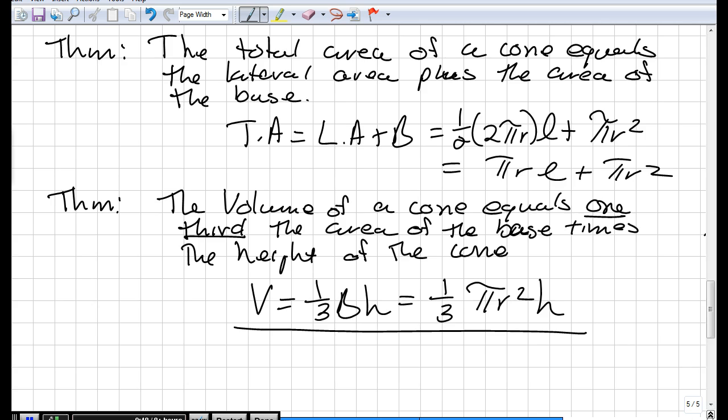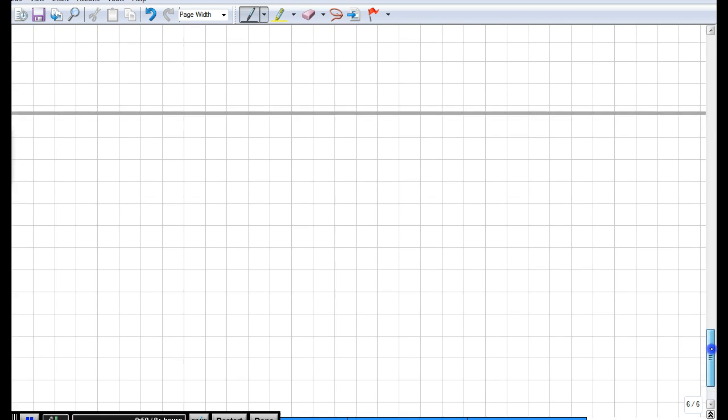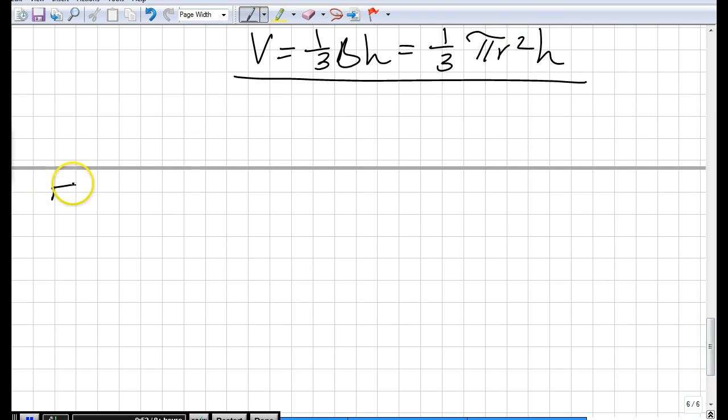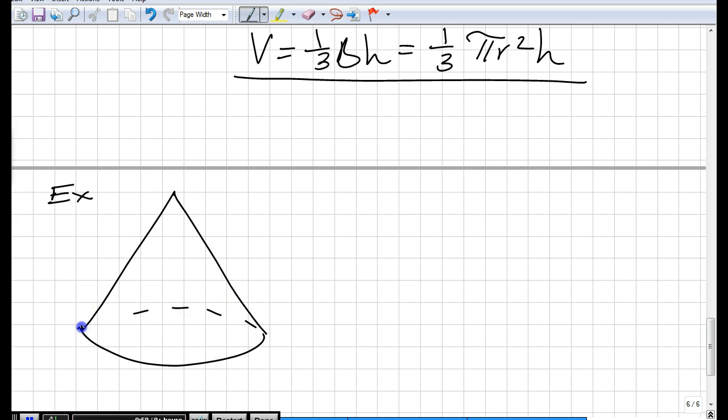And let's go ahead and look at one example. And so I have this cone where 12 is the height or the altitude, 13 is the slant height, and r is the radius.